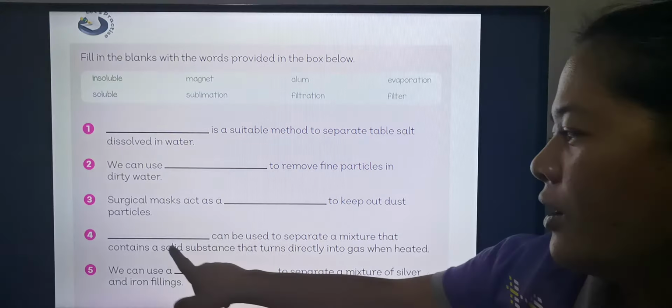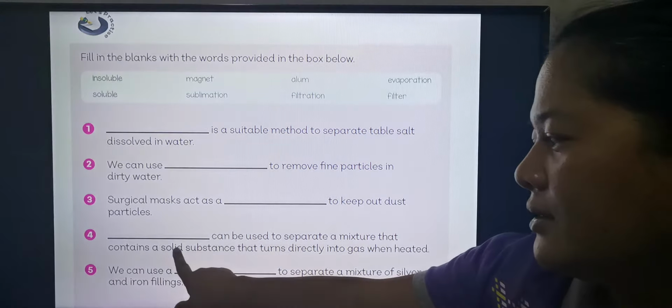What process is that? And number 5, we can use a blank to separate a mixture of silver and iron filings. How are you going to separate silver and iron filings? This is your homework, and then I will give you another homework in your workbook. So let's go to your workbook.